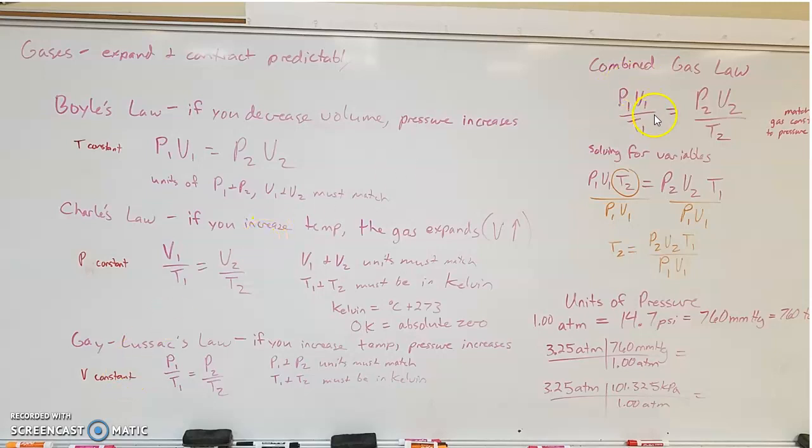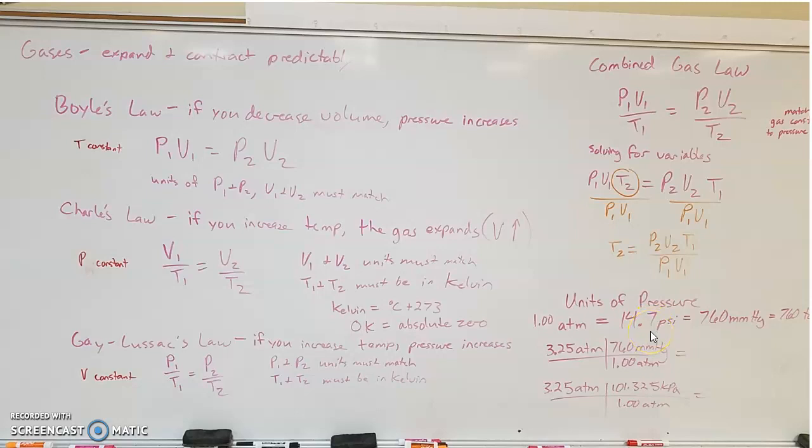Either way, say for example, if the temperature stayed constant during a change of pressure and volume, then if the temperature is the same number here and here, it cancels out. That would leave you with just Boyle's law. So Boyle's law is the combined gas law when temperature is constant. Charles' law is when the pressure is constant. You see, cancel out pressure, you get V1 over T1 equals V2 over T2.